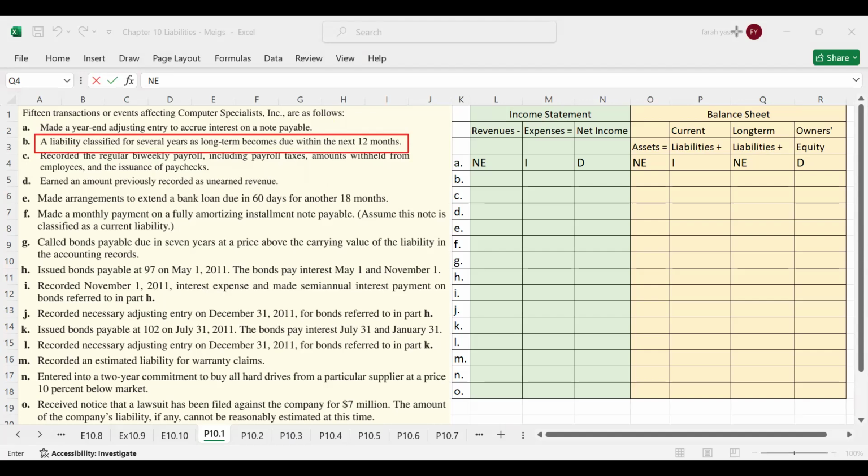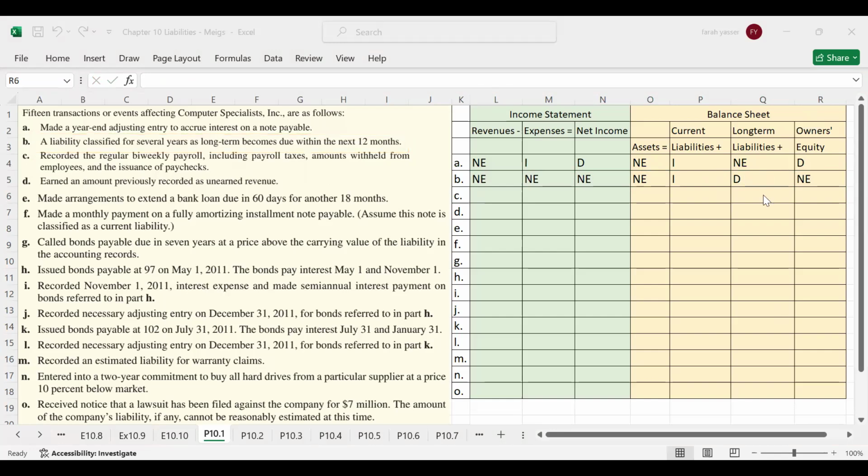So long term liability will be decreased and current liability will be increased because we are converting long term liability into current liability. So no effect on the income statement, no asset is involved, and no effect on the owner's equity statement or on the owner's equity.